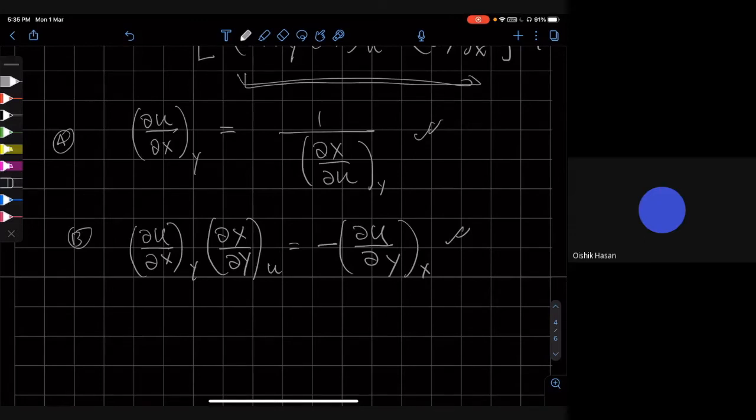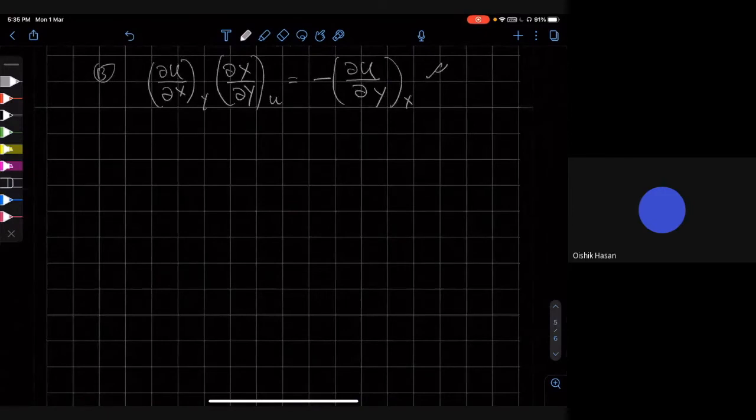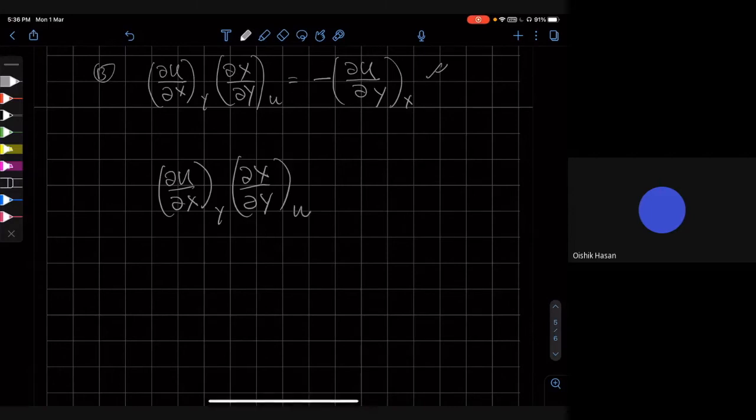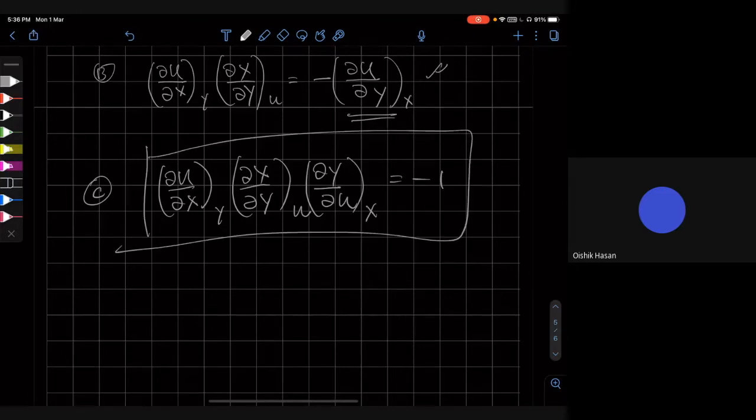So combining, we get (du/dx) at y times (dx/dy) at u times (dy/du) at x, which is the inverse of this, is equal to -1. So this is equation C. So these are useful identities, which just come from some almost trivial manipulation. Okay, any questions?